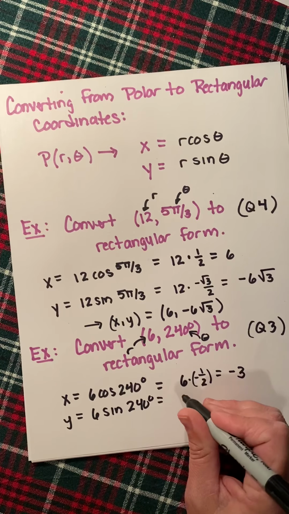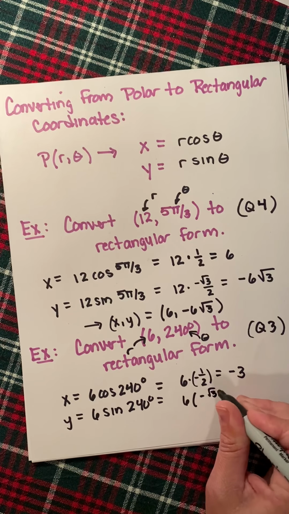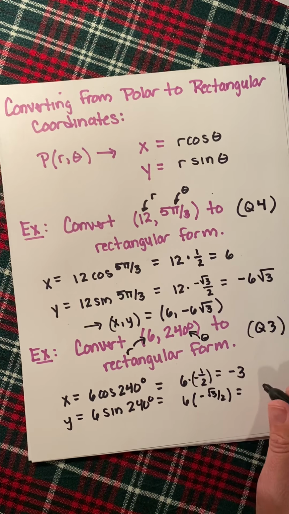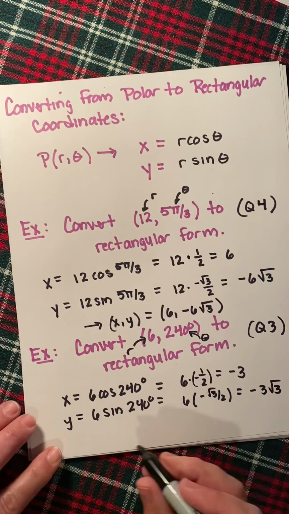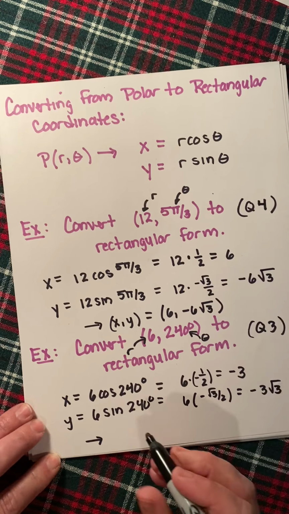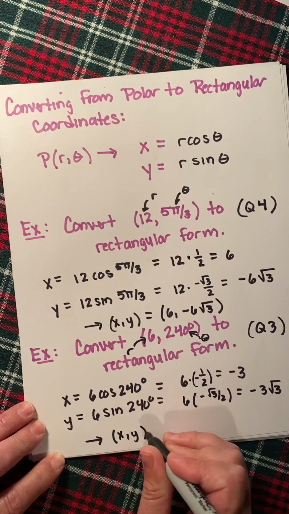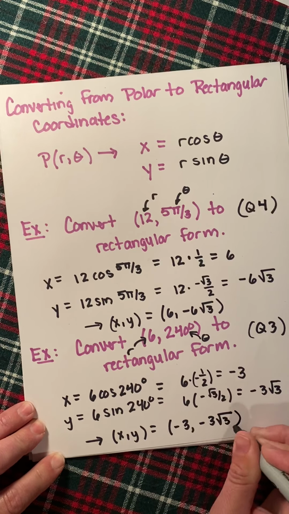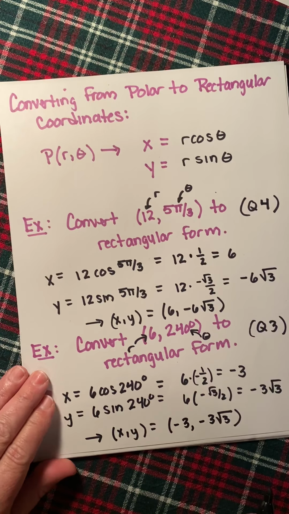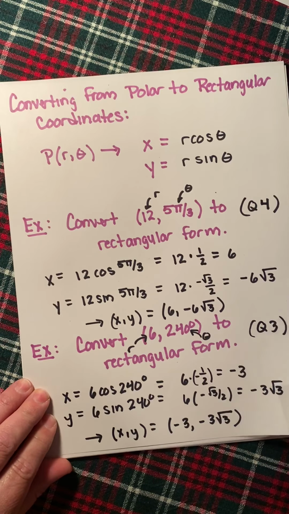So the y value would be 6 times negative square root of 3 over 2, which would be negative 3 square root of 3. So both the x and y coordinates are negative as expected because we are in quadrant 3. So xy is going to be (negative 3, negative 3 square root of 3). So pretty simple if you're comfortable with your trig.